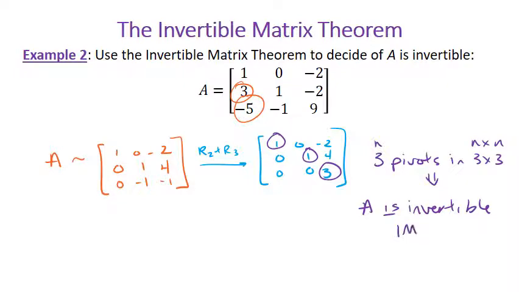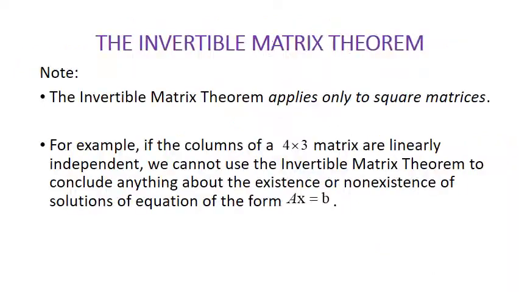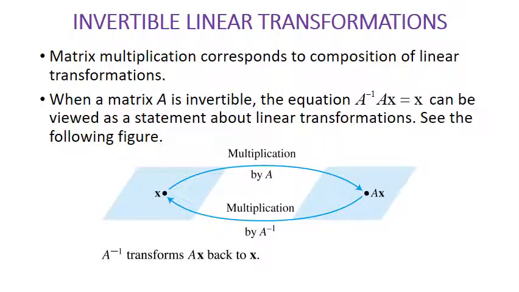Sometimes the invertible matrix theorem is shortened to IMT. So I think I've emphasized this enough. If you're dealing with a 4 by 3 matrix, then we cannot use the invertible matrix theorem to draw any conclusions.